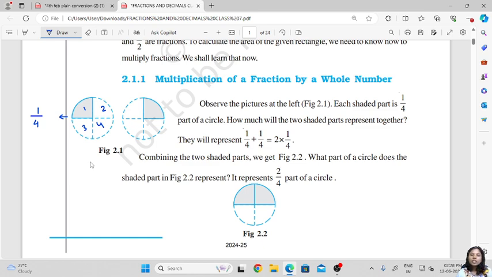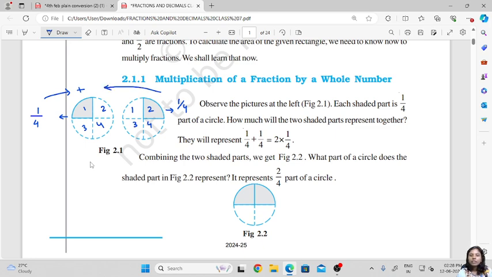Now how much will the two shaded parts represent together? Here similarly they have another one, and here also it is 1 upon 4. They are asking how much this plus this will be.